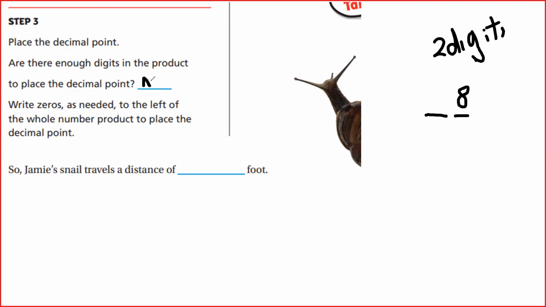No. So you have to write zeros as needed to the left of the whole number product to place the decimal point. You have to add zeros to the left as you need. Maybe you need 1, maybe you need 2, and so on. So then Jamie's snail travels a distance of 0.08 foot.